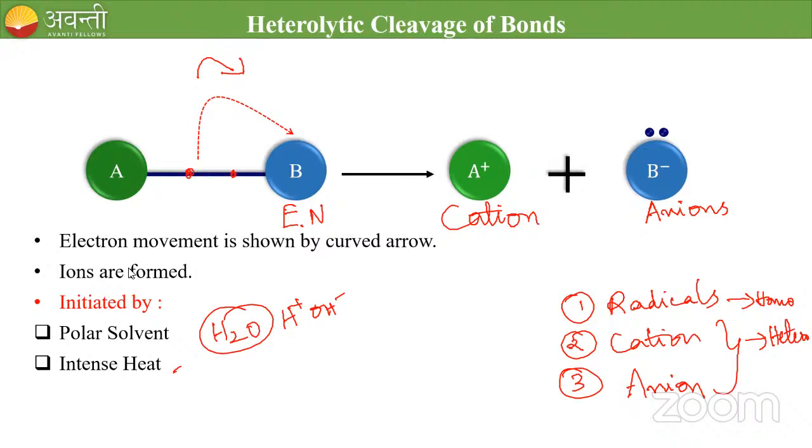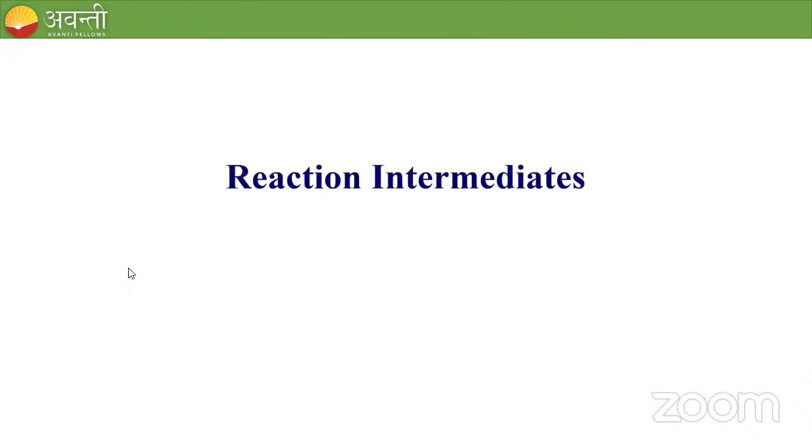So these are the three reaction intermediates. We are going to study these three intermediates in a very detailed manner in the next slides. So let us enter into the topic called reaction intermediate.